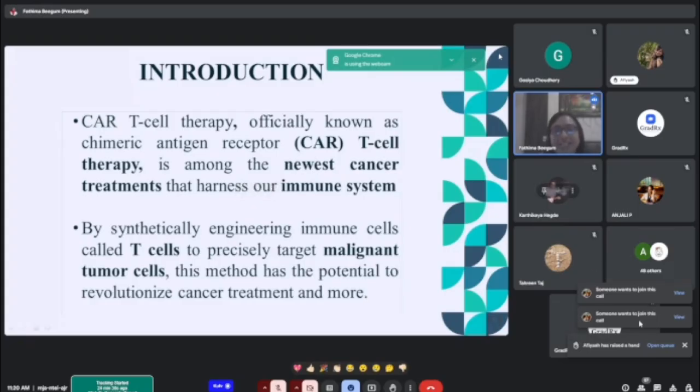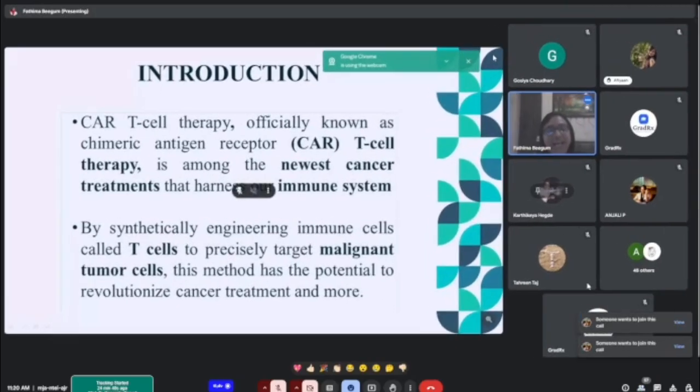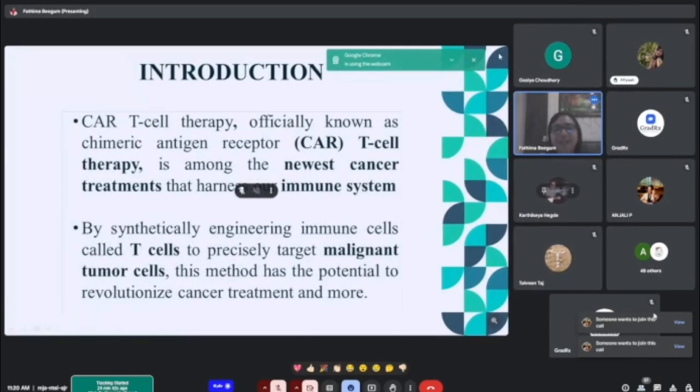CAR T cell therapy is officially known as chimeric antigen receptor T cell therapy and is a novel treatment for cancer, and also for most autoimmune disorders. Here we synthetically express a receptor on the surface of the T cells, targeting them to bind to the malignant tumor cells.